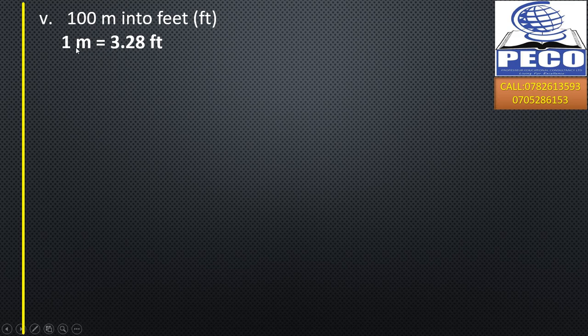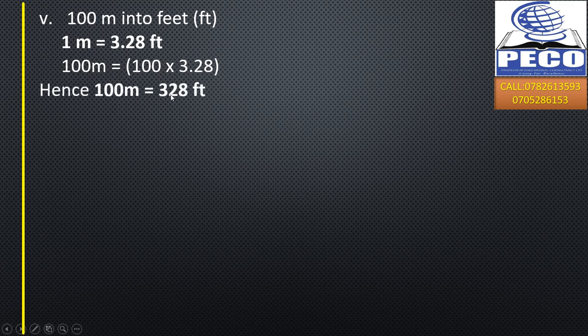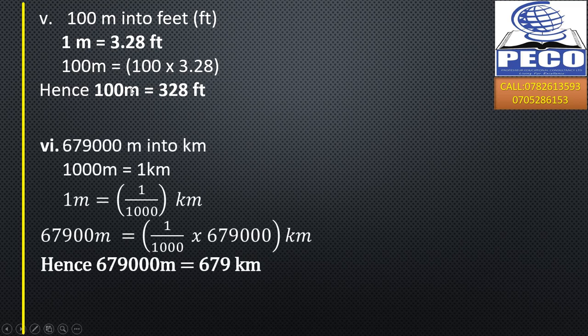So if I have 100 meters, I just multiply by 3.28, and hence 100 meters equals 328 what? Feet. Note that very seriously. Here I just brought in the unit of feet for you to get used to this.